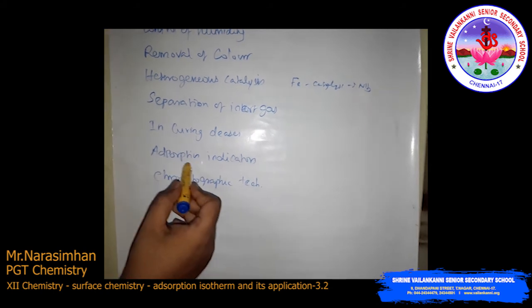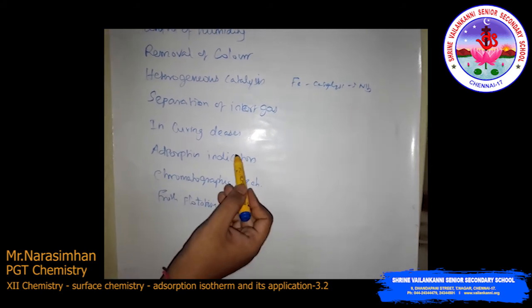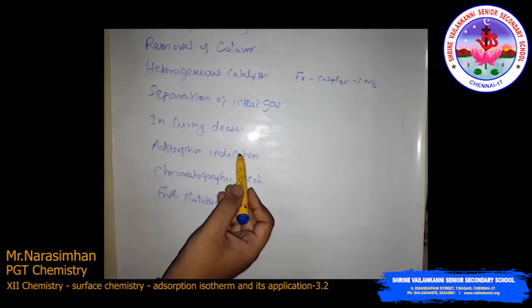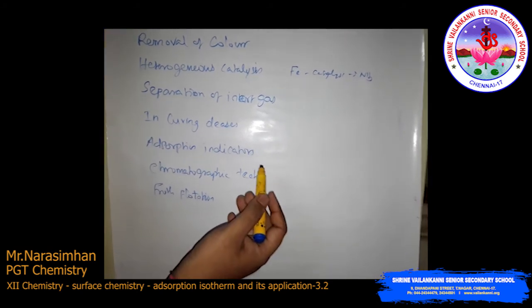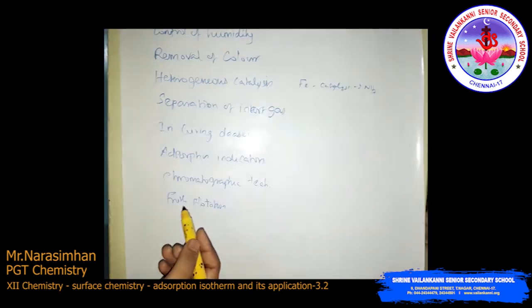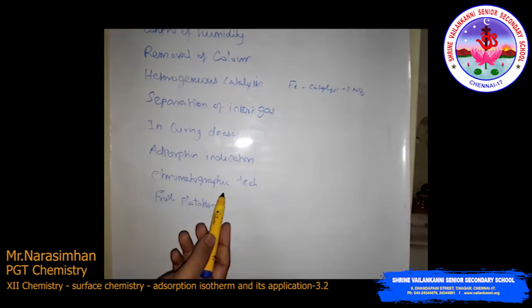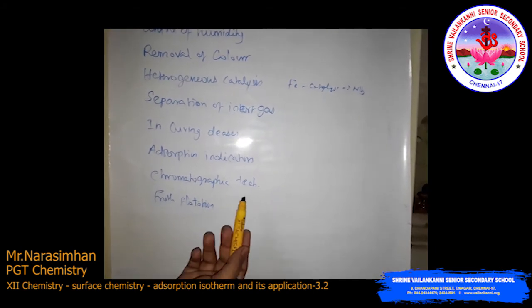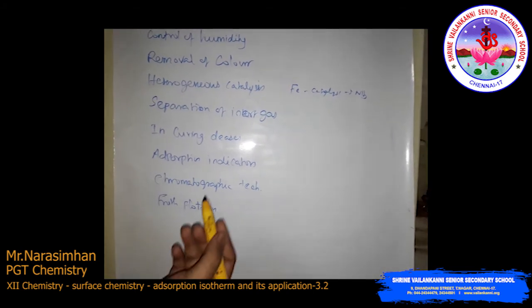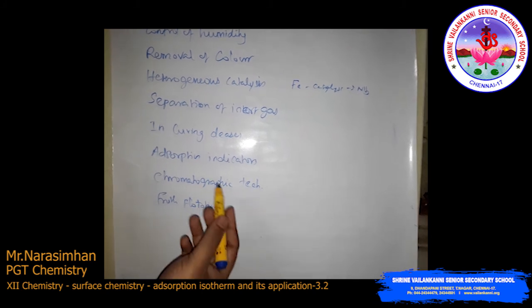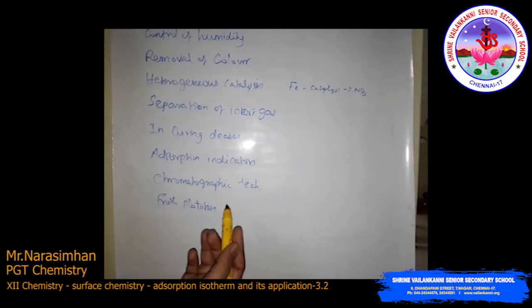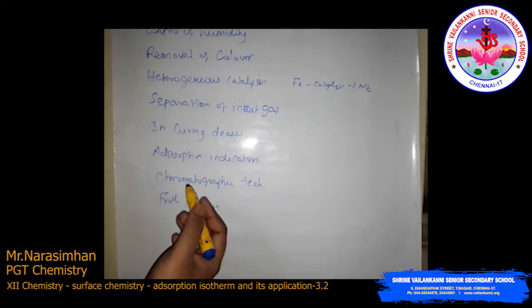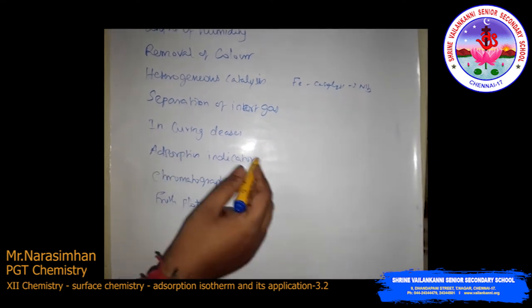Then adsorption indicators. The surfaces of certain precipitates, like silver halides, have the property of adsorbing some dyes like fluorescein, and this marks the end point.